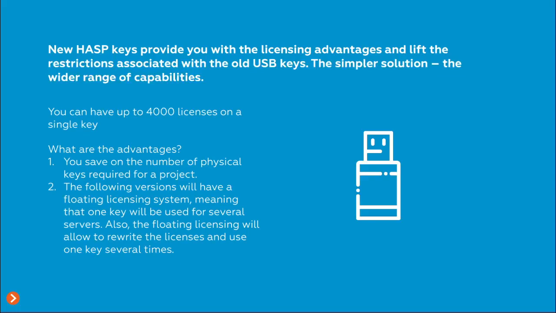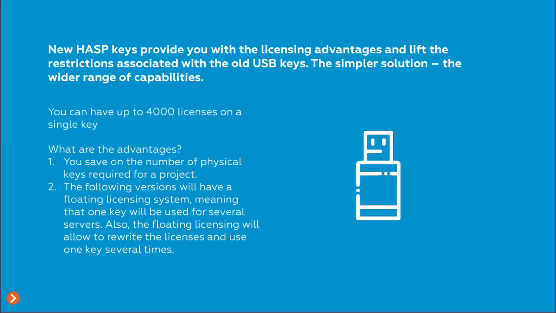So now we just got rid of some borders about the licensing. Now we can add up to 4,000 licenses to a single key. So it's about the camera channels and the analytics.